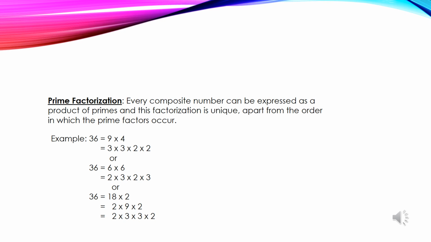Like this you can discuss with any other composite number. So finally we can say that prime factorization is nothing but splitting a composite number into the product of primes, means expressing a composite number into prime factors. Okay.